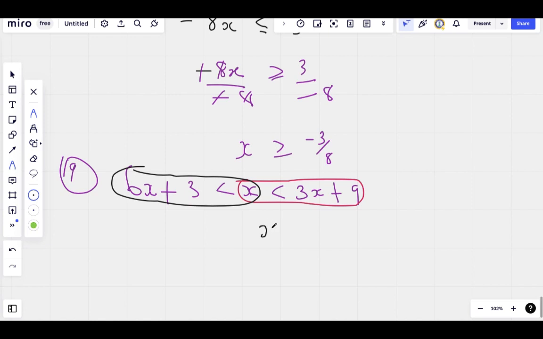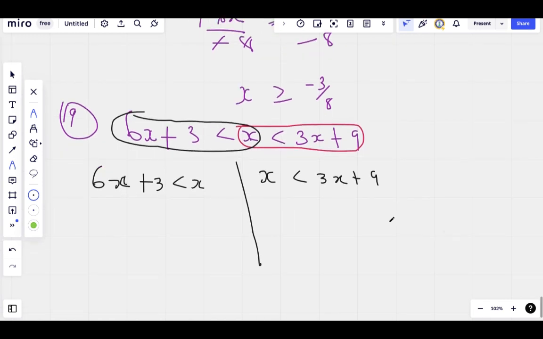We say x is less than 3x plus 9. Here we have 6x plus 3 is less than x.